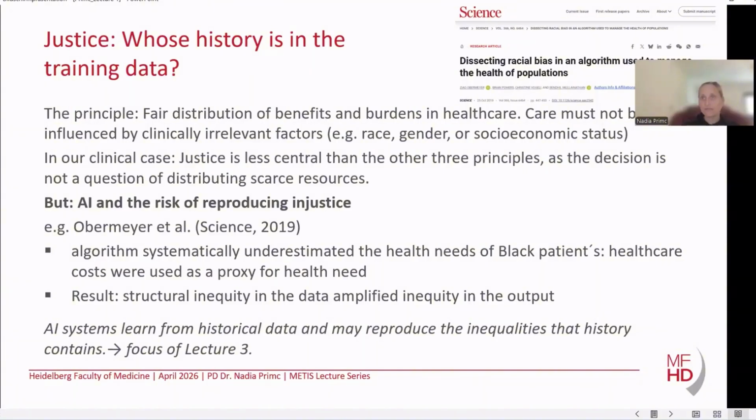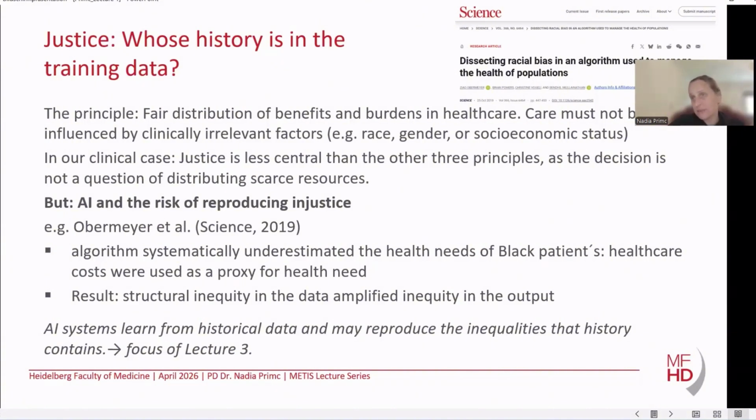So in other words, the algorithm was supposed to identify patients who need more healthcare resources, and the algorithm systematically disadvantaged Black patients by overestimating their health status. That is, by making them look healthier than they actually were.